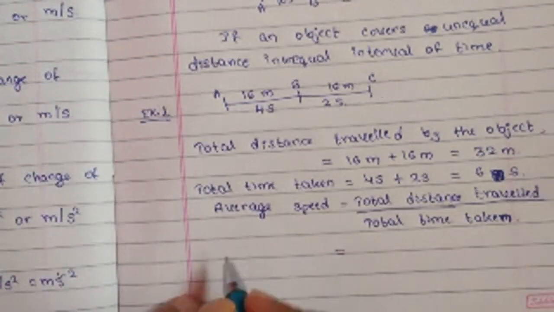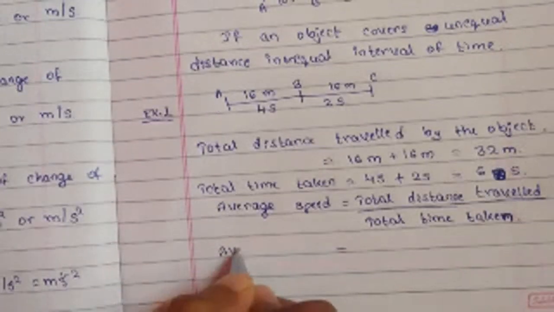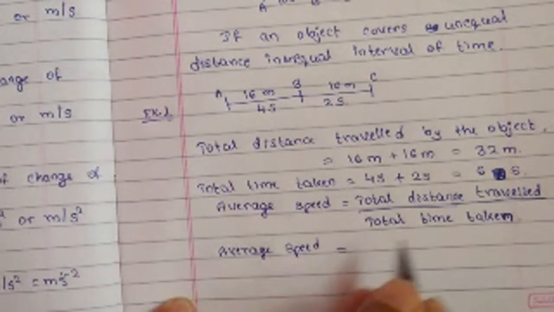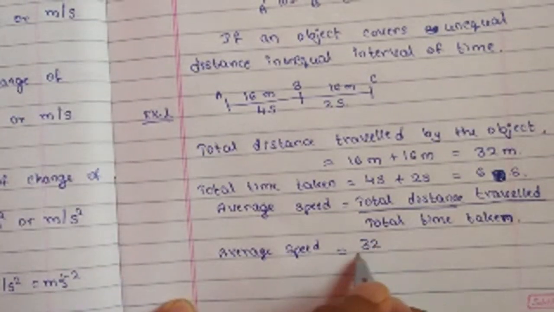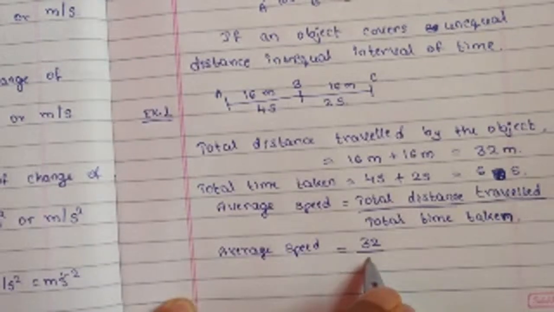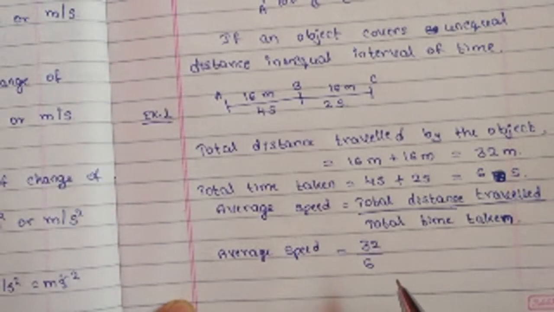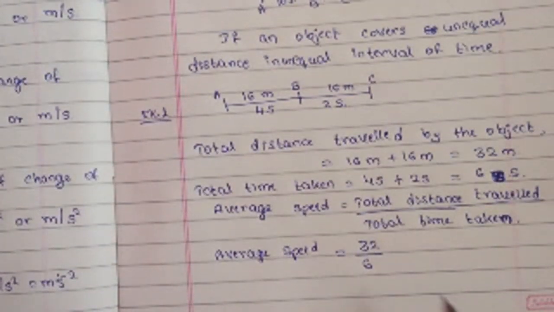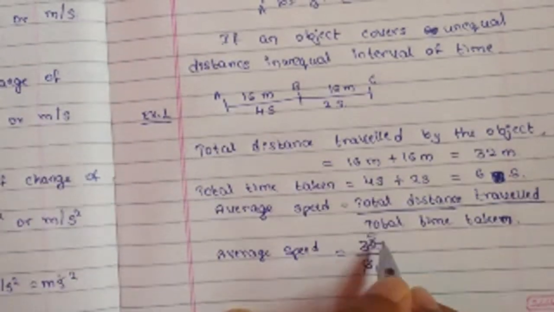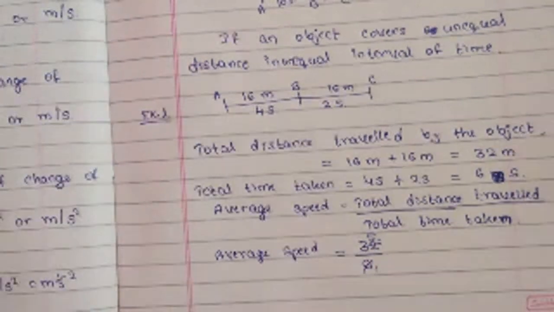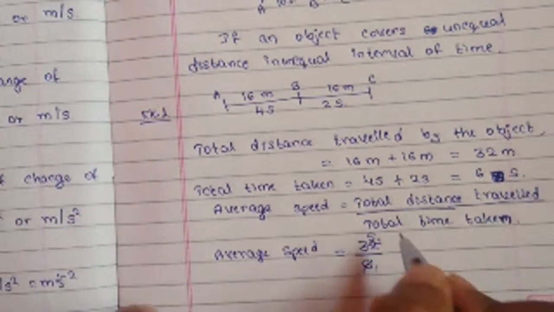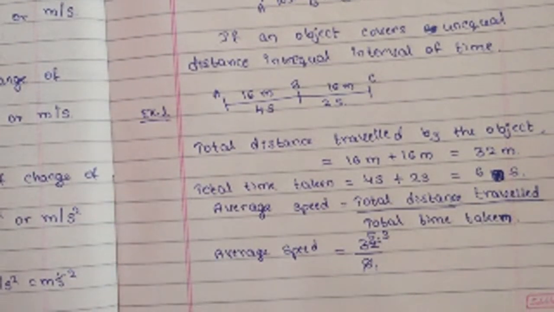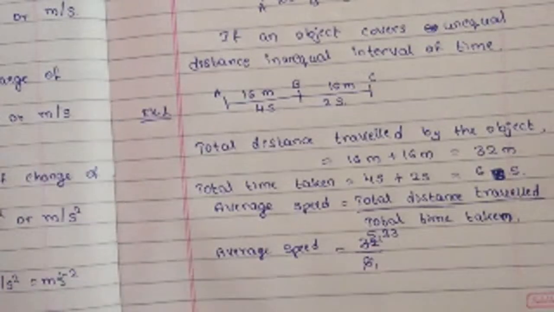So the average speed: total distance traveled is 32 meter, and total time taken is 6 seconds. Comment me the answer fast. 6 ones are 6, 5 sixes are 30, remaining is 2, it becomes 20, 6 threes are 18, then again remaining is 2, it becomes 20, 6 threes are 18, and so on.